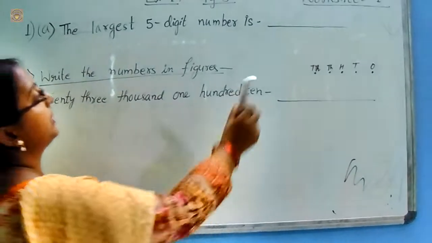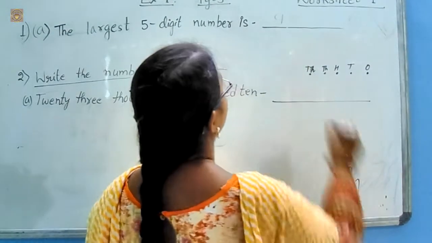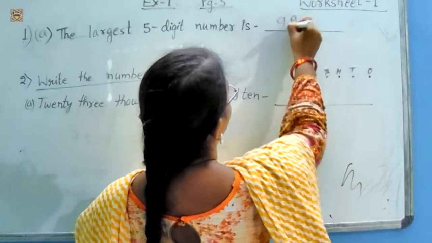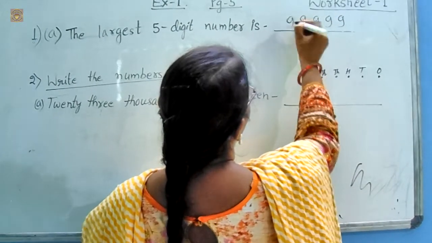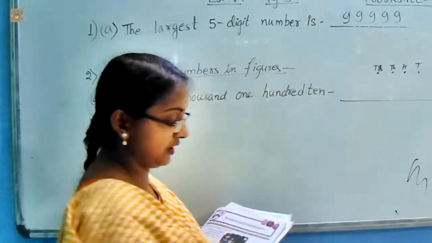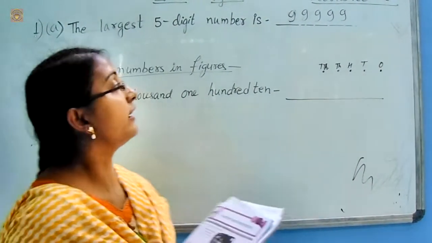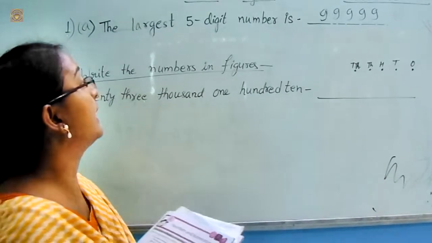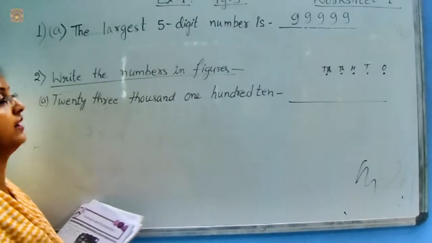So it will also be the nines in the 5-digit number that show the largest 5-digit number in this manner.